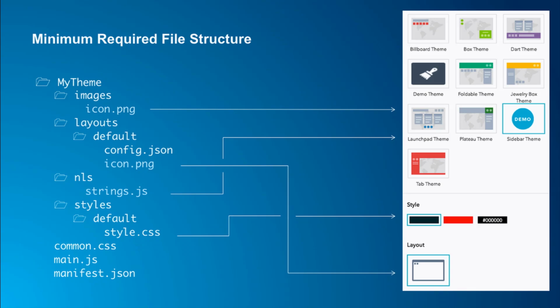Then we have the strings, which are the labels, and then the styles folder, which defines the CSS or the look and feel of the theme. Then for the bottom 3 files, the main.js, probably we will never touch it. But for the common.css and the manifest.json, I'm going to cover them in detail in the following slides.